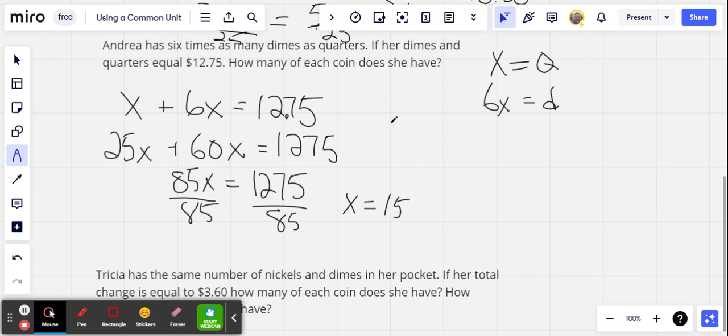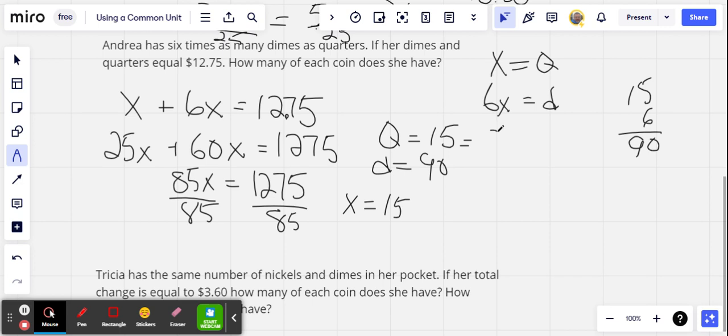So quarters, we have 15. And then we have 6 times as many. So if we did that real quick, 15 times 6, 90. So dimes, we have 90. 15 quarters. For every 4 you get $1. So we have $3.